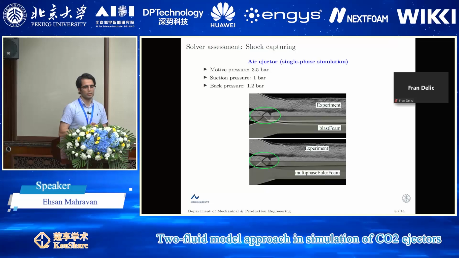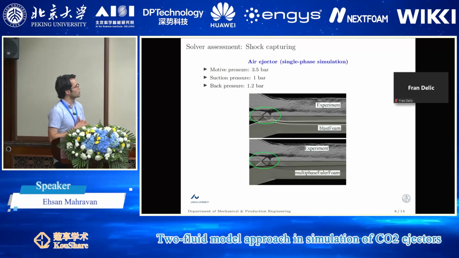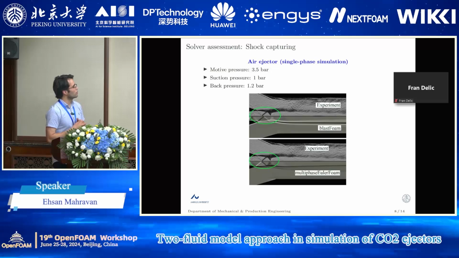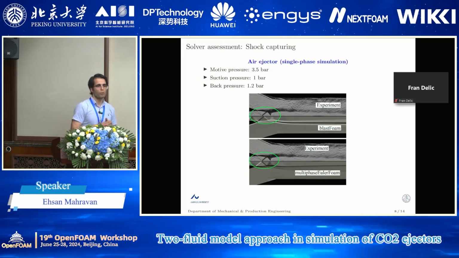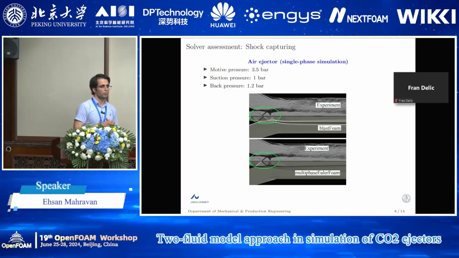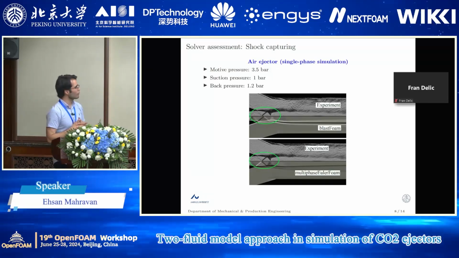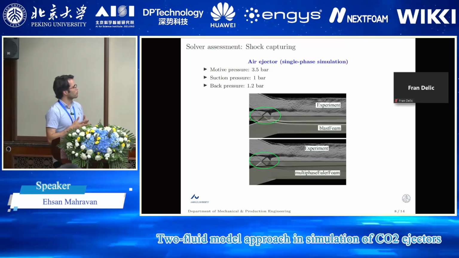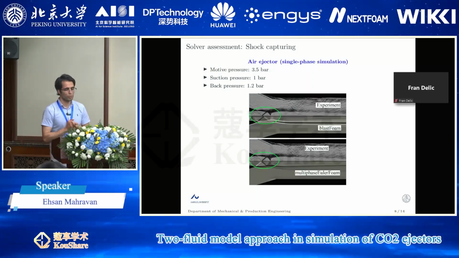So this is simulations of air ejector. One sample on top, you can see the experiment compared to blastFoam, and on the bottom, experiment compared to multiphaseEulerFoam. Why blastFoam? BlastFoam uses Riemann solvers, and it's a better solver compared to other solvers that are available in the official release of OpenFOAM.